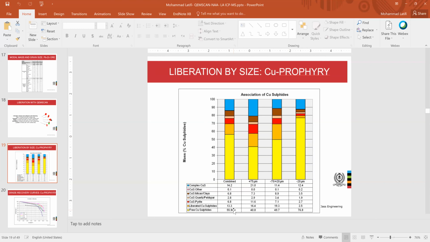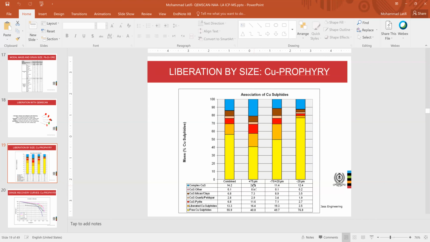For example, this copper sulfide in free form is about 78% in the size class of minus 20 micron, but a bit higher than 40% for particles of 75 micron and more. So this information tells us that particle size distribution is extremely important in mineral processing.